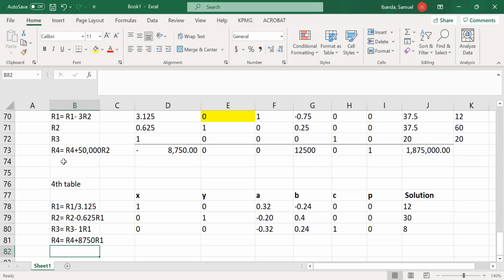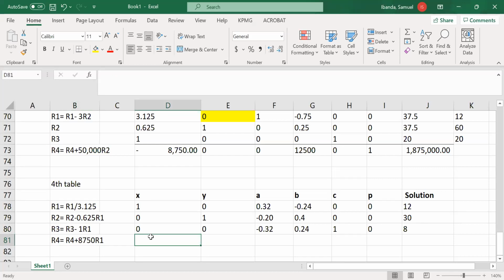Now, as you can see, all these other rows that I'm finding need to be a function of the pivot row. That's why I'm using R1. I've used R1 here. So they need to factor in R1 when you determine the new row.